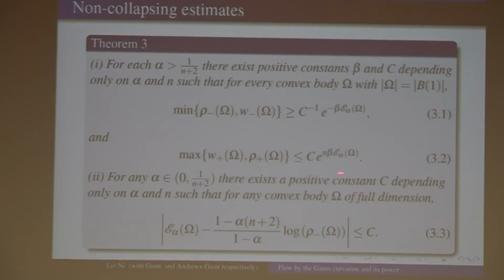Similarly, you also have rho plus, the so-called outer radius. Outer radius is the smallest radius of a ball which can contain the convex body from outside. And then you also have W plus, the maximum of the width.